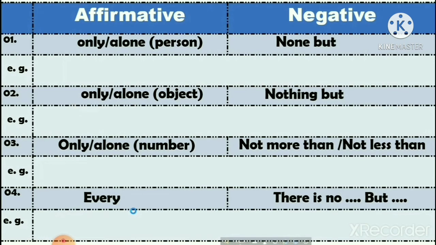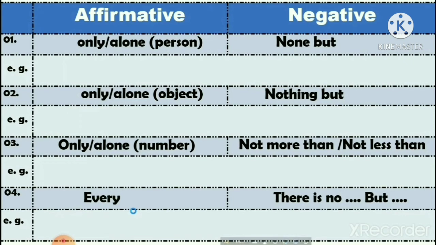Okay, if there is only, if only means person, we can change it into none but, and if only means object, we can change it into nothing but, and if only means number, we can change it into not more than or not less than.